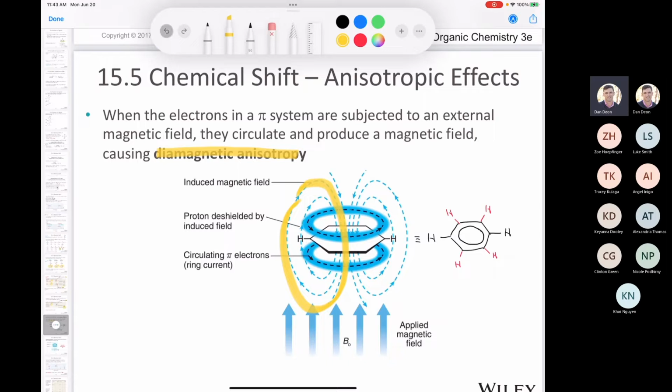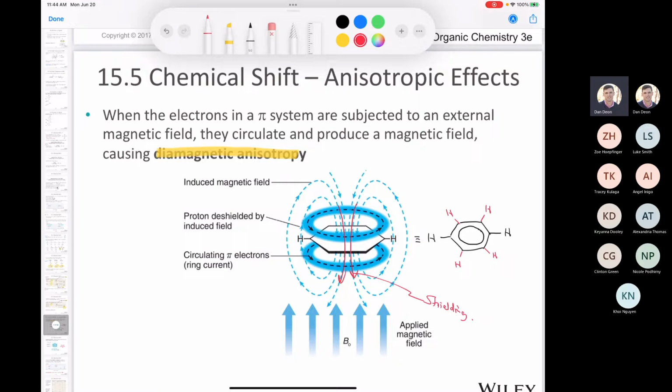But look at what happens. You see how in the middle of the molecule, the magnetic field caused by the circulating pi electrons is going down like this? Remember, if the magnetic field is going against the externally applied magnetic field, that causes shielding.